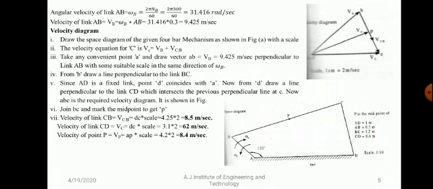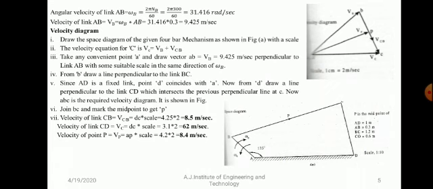Now, velocity of link CB is equal to VCB, BC into scale, 8.5 meter per second. Velocity of the link CD is equal to VC, DC into scale, 3.1 into 2, 6.2 meter per second.